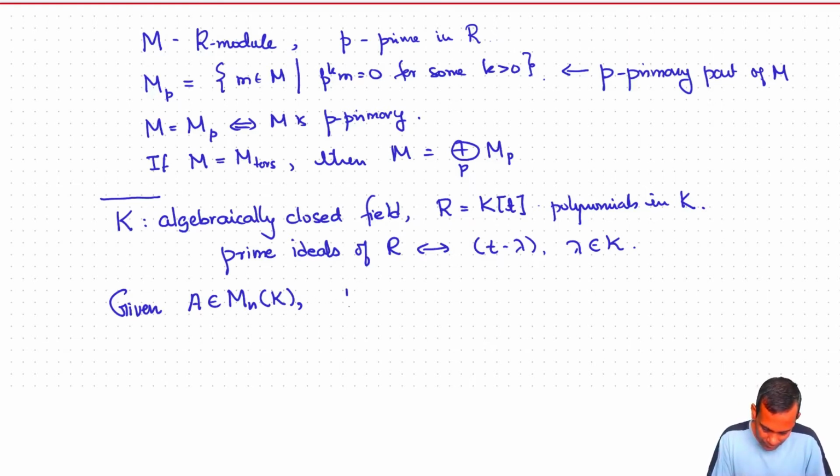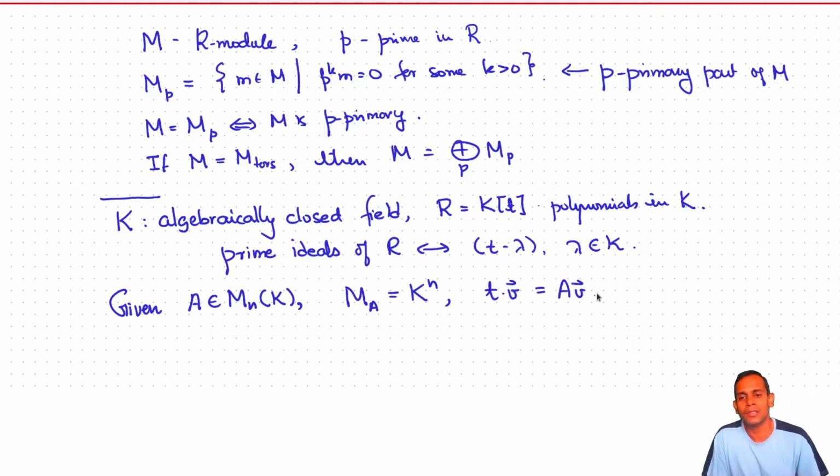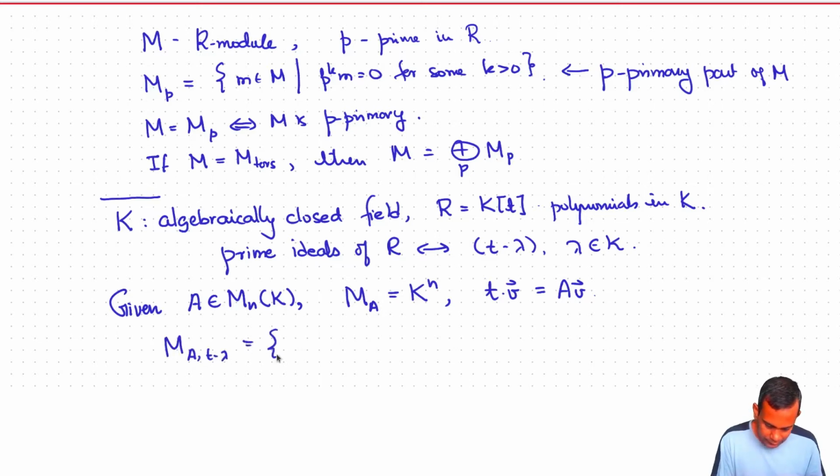So remember that M_A is just the K[T] module given by K to the n, and T dot v is just the action of A, thinking of v as a column vector and multiplying it on the left by A. And now if you ask what is the T minus lambda primary part of A, this is v in K^n such that (T minus lambda) to the power k times v is 0.